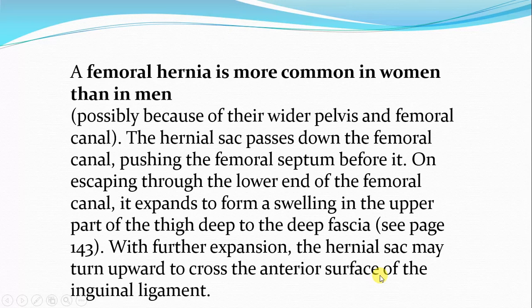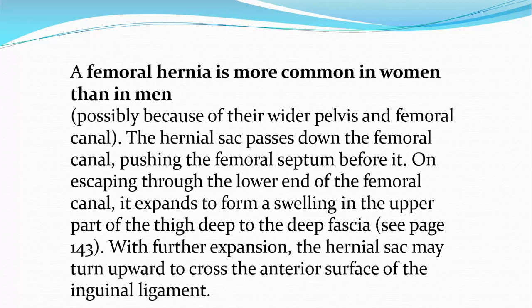So in our first scenario, we asked about a swelling present in the upper medial side of the thigh. What does this mean? That swelling can be due to enlargement of a lymph node, or it can be a femoral hernia.